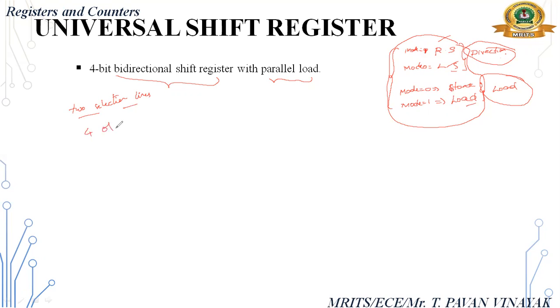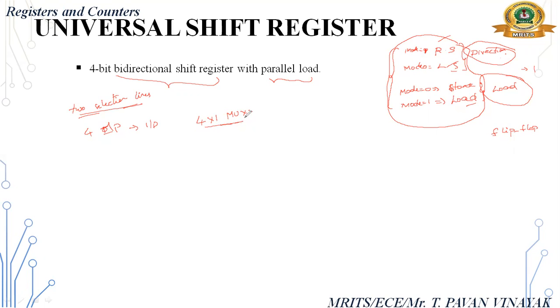Each condition's output is taken as a flip-flop input. Two selection lines, four inputs, one output is known as a 4 by 1 multiplexer, right?